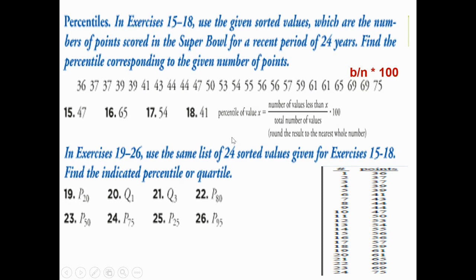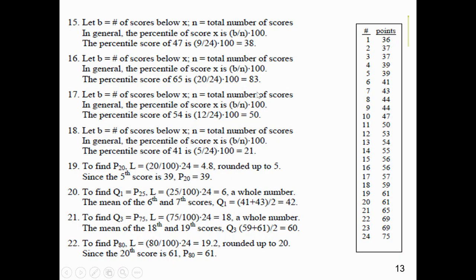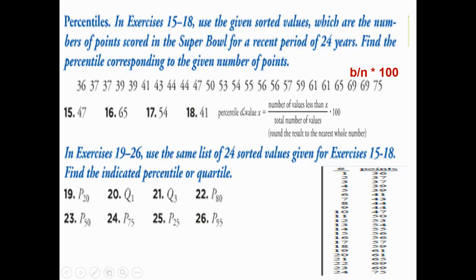As is the case in mathematics, usually we go one way, then we flip the script. Here, I give you a data value and you tell me what percentile it falls in. Next, I give you the percentile, and then you're going to give me the number. What's important here is I've done all of these examples in the previous slide, 15 to 18.